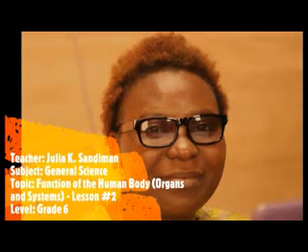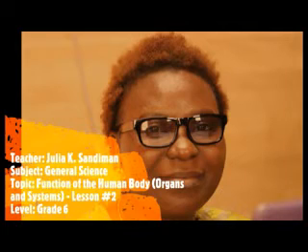Welcome. Our subject is General Science for students of grade 6, and the topic is functions of the human body, organs and systems. Today, we will continue our discussion from our last lesson. We will focus on the function of two systems, digestive and reproductive.